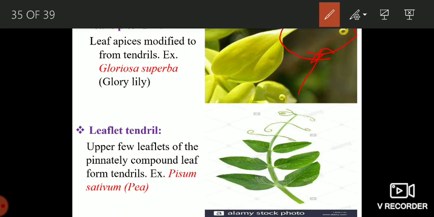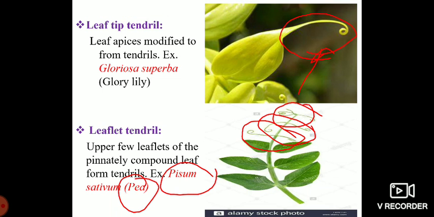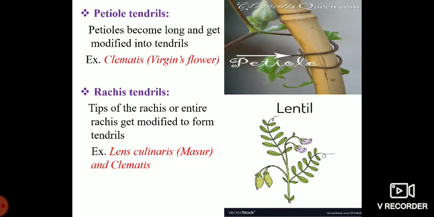Then another type is leaflet tendril. In this type, the upper few leaflets of the pinnately compound leaf form the tendrils. Here you can see, and the example is Pisum sativum, common pea, sorry, garden pea. Then we have another type known as petiole tendrils.